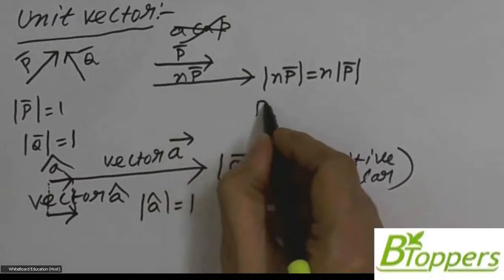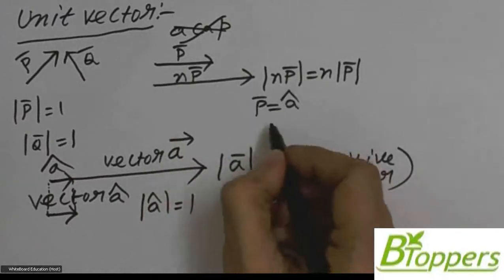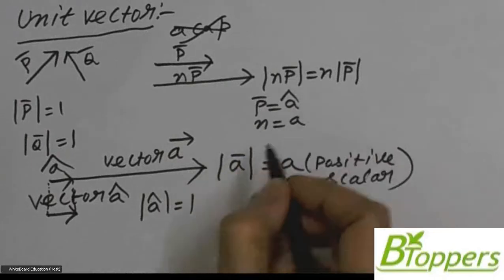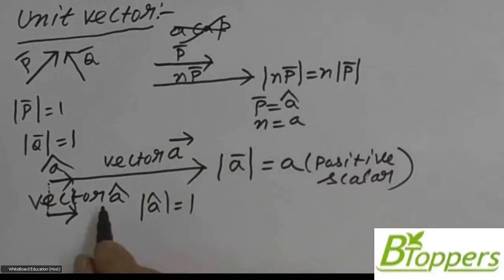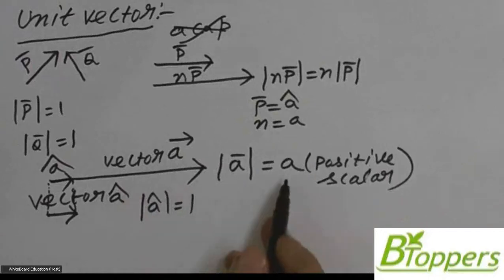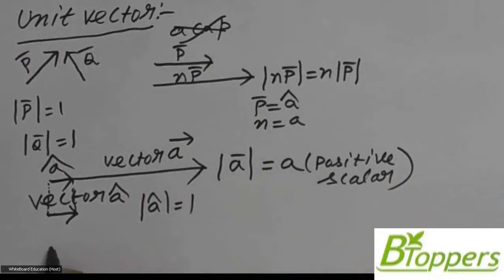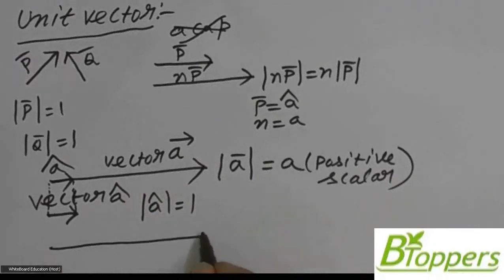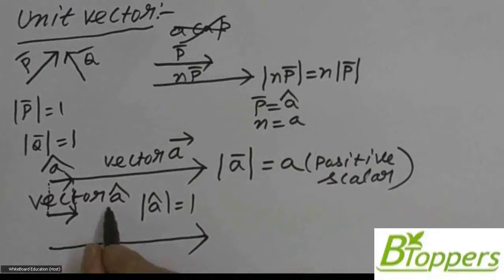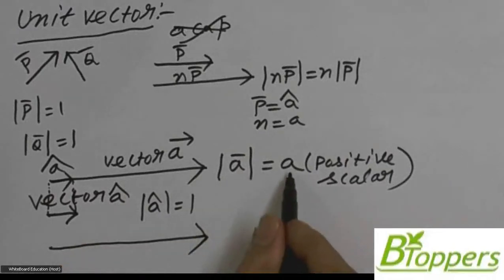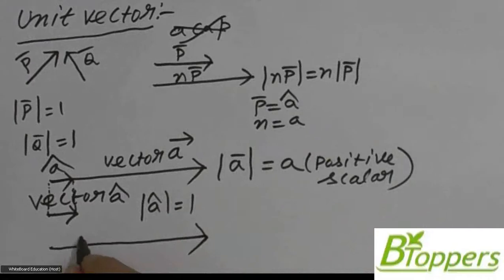That means instead of P bar, I am going to now take A cap. In place of N, I am going to write A. So if A cap is a vector and A is a positive scalar, then when vector A cap is multiplied with this positive scalar, you get another vector which acts in the same direction.